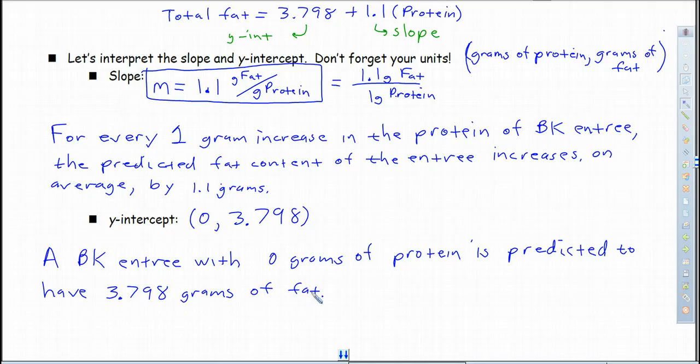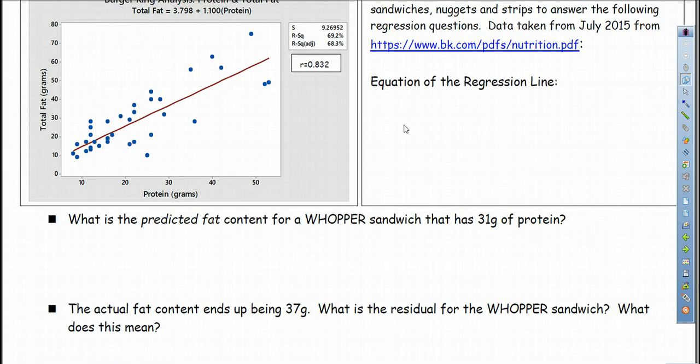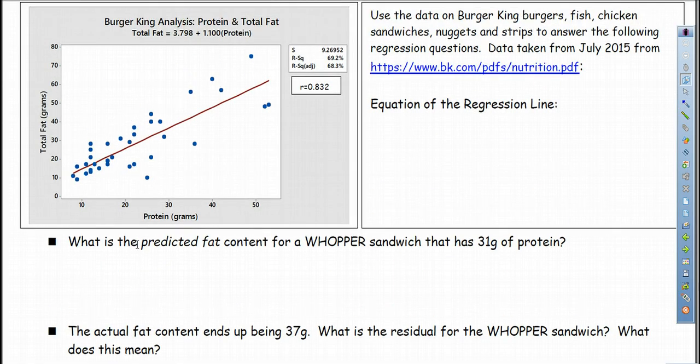So it may sound a little weird, right? An entree with only 0 grams of protein? That seems pretty unlikely to have that happen, which is true, but let's look up at the data above. Let's go back to our data real quick and take a look at that. Well, what's the minimum value? Minimum data point looks like it's here. Looking at that scaling, that looks, what, maybe around 8?